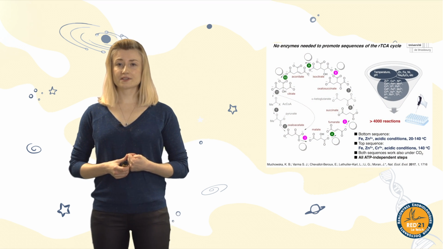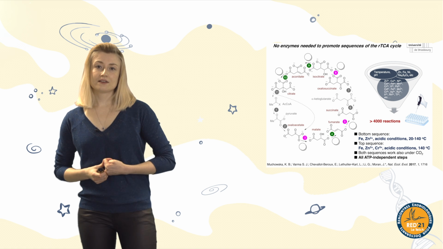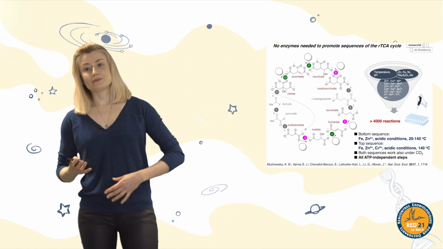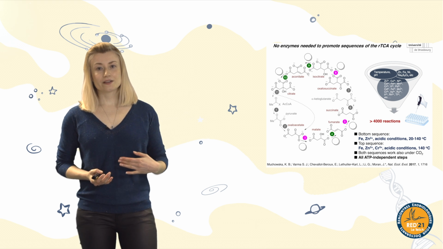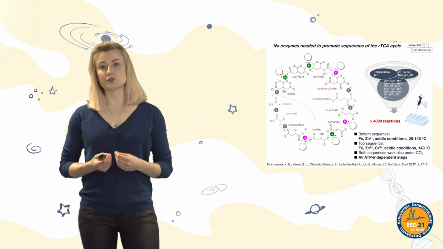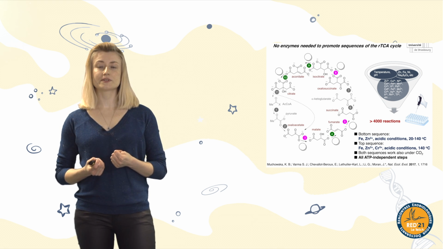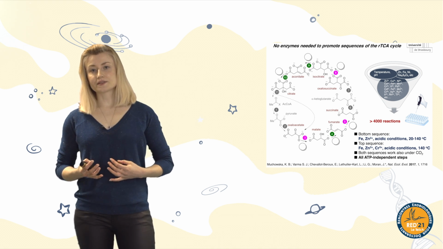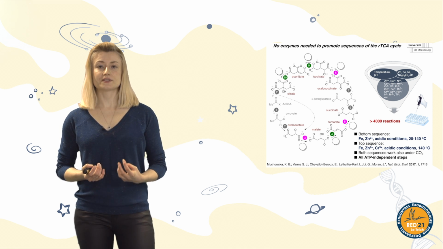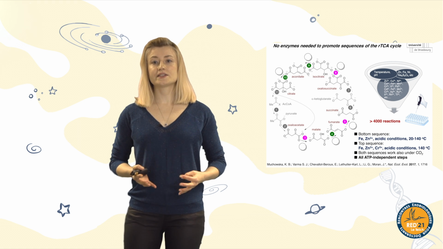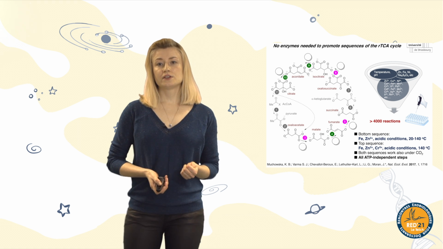The same worked for the upper part of the cycle. So we started with oxalosuccinate, which then becomes reduced to isocitrate, which then becomes dehydrated to aconitate, which then becomes rehydrated to citrate. So this upper arch of the cycle also can be promoted by iron and transition metal salts, so in this case also zinc salts and chromium salts, under acidic conditions as one continuous sequence.